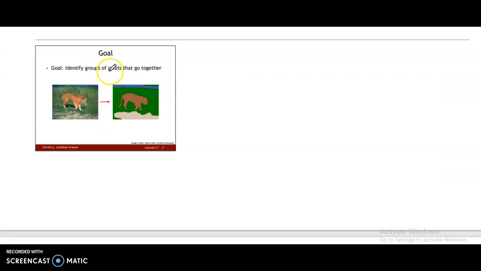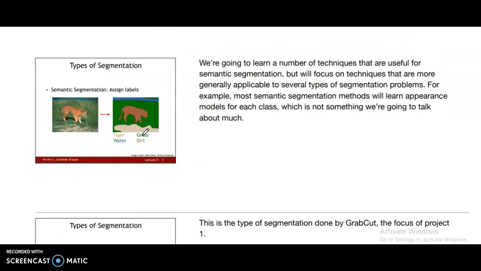Image segmentation. Goal: identify groups of pixels that go together. Types of segmentation. In semantic segmentation we assign labels: tiger, water, grass, dirt.